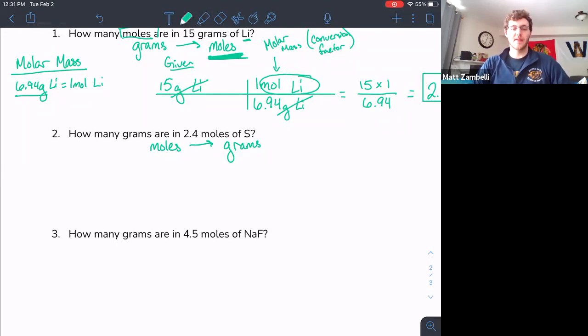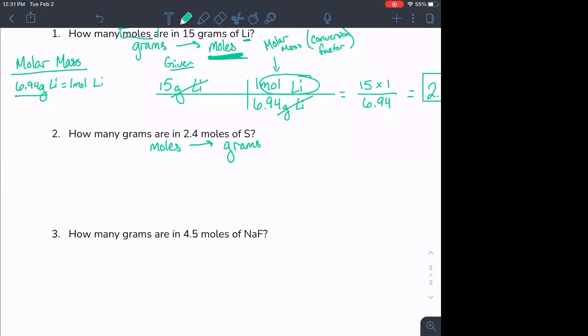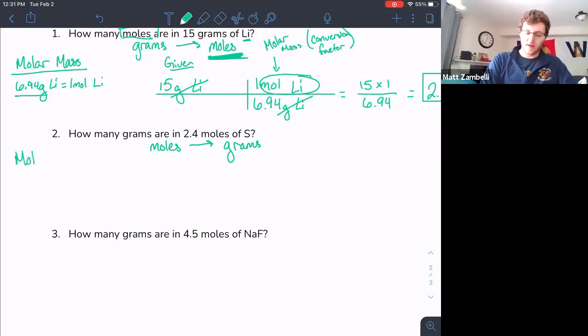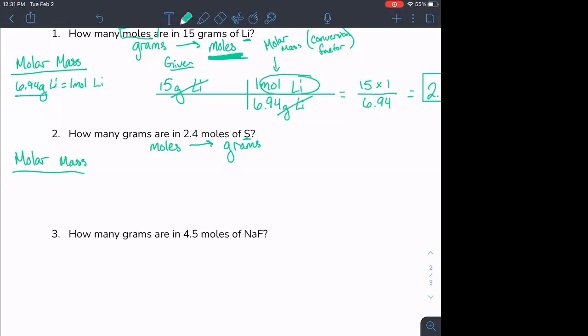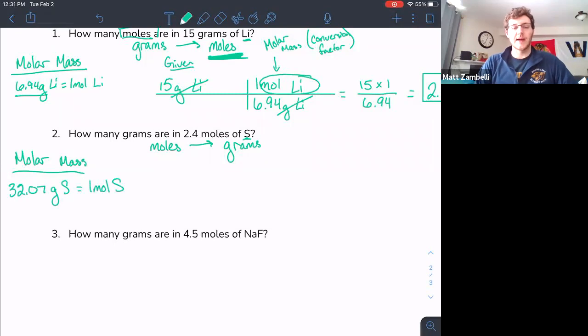What are we going to use for that conversion factor? The given, okay, so we need something about the given. Molar mass. The molar mass. So we got to use the molar mass again. So we have to figure out the molar mass of sulfur this time. So what's the molar mass of sulfur? 32.07 grams equal 1 mole S. Awesome. 32.07 grams of sulfur equals 1 mole of sulfur.